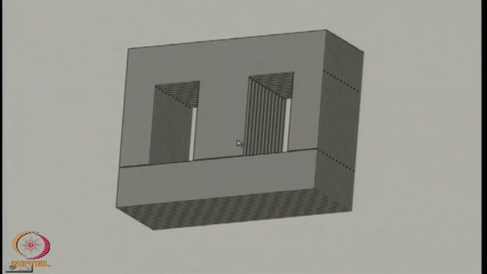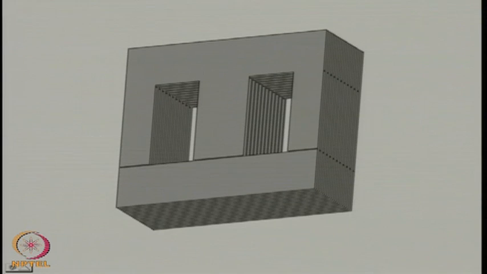Taking a closer look at the core, we will find that this core is not a solid block of iron, rather it is made of a large number of thin plates of steel sheets which are cut in a particular fashion.